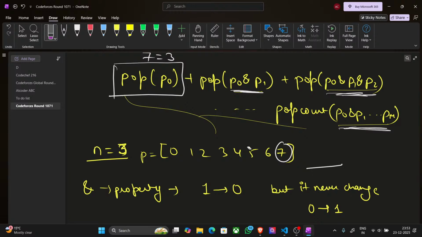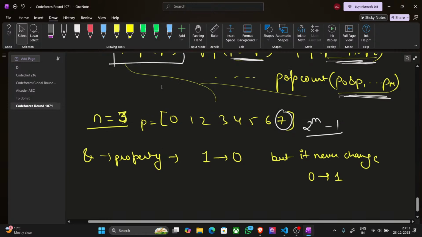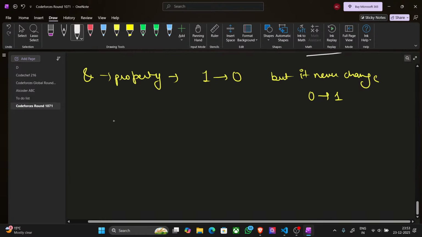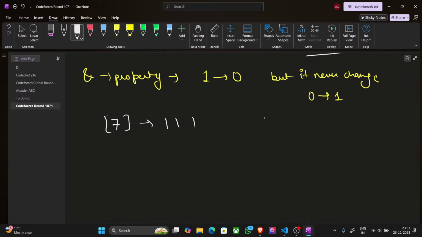So I have assigned 7 as P0. Now my current element is 7. I can represent it as 111, and my current pop count is 3.